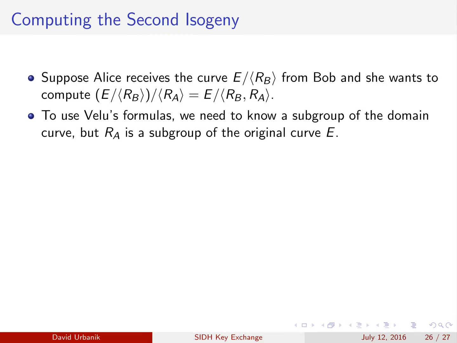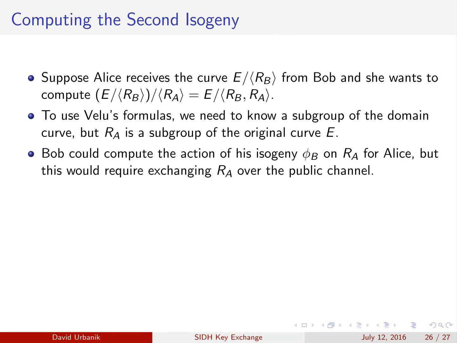And so what Alice really needs is something like the evaluation of Bob's isogeny on the group that she's chosen. But if you get Bob to evaluate the isogeny on the group that she's chosen, and you send that over the public channel, that will compromise the security of the protocol.